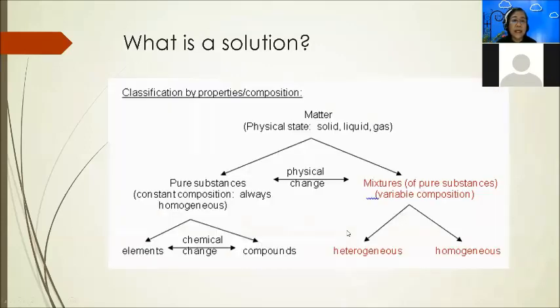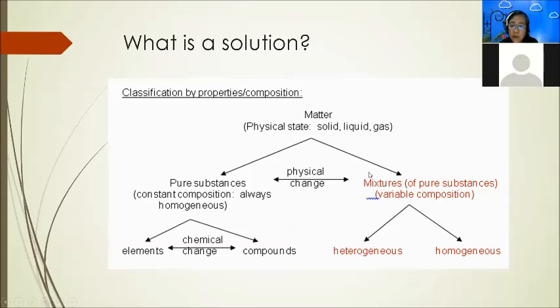Let me present to you a diagram that gives you an overview of the classification of matter. We said matter is either in the solid, liquid, or gas state. And then matter has two forms: the pure substances and the mixtures.